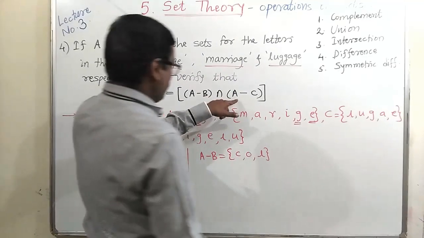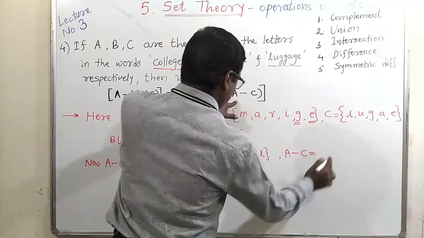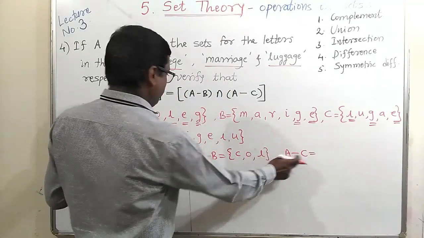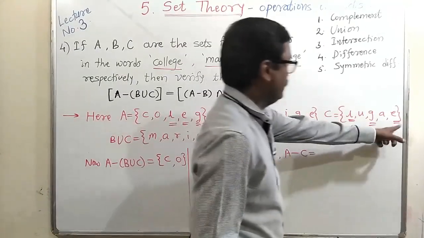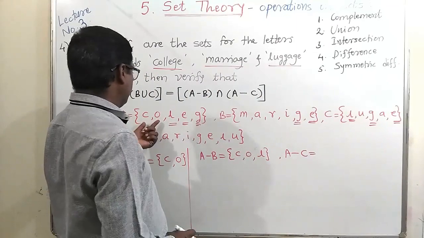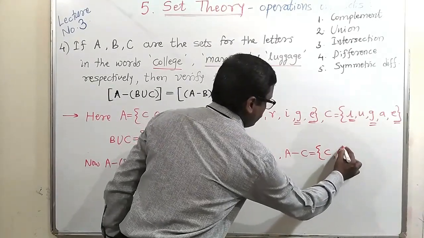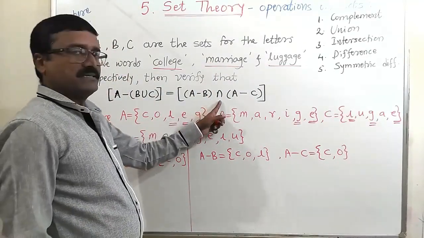Now we require A difference C. A difference C means find the common elements between A and C. L, E, G, these are common elements. So the remaining elements are only C and O. So A difference C is the set of elements C and O. Now to the right, intersection is given.